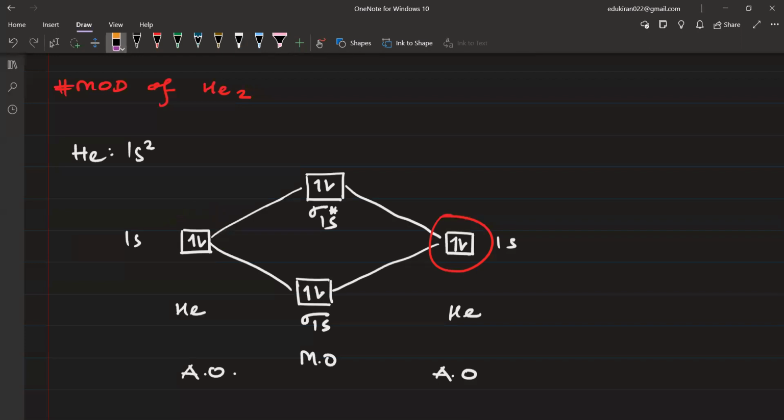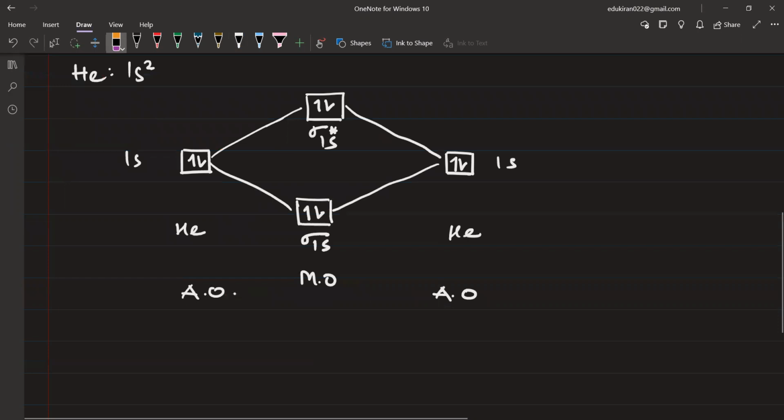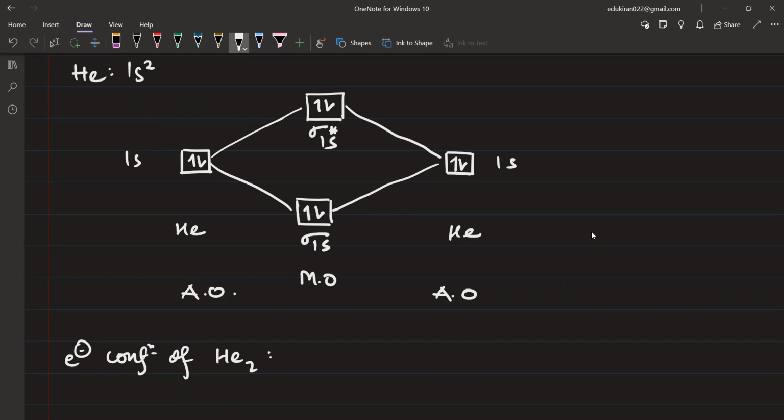Okay. Now one more thing is that if you remember, we wrote electronic configuration for atomic orbitals and different atoms. So there is also electronic configuration for molecules. So please write the electronic configuration of He2 will be sigma 1s, which is lower energy, that will come first.